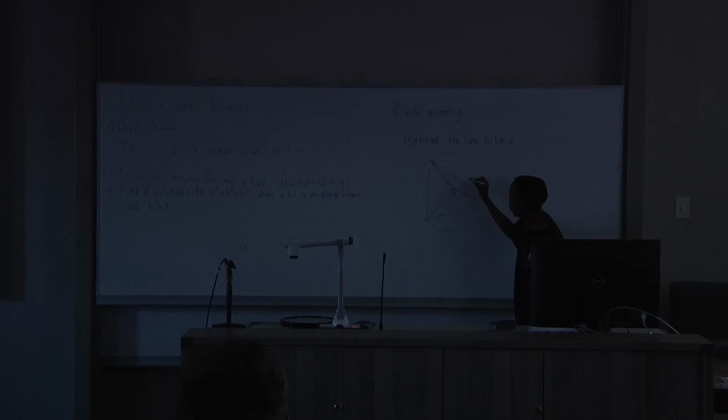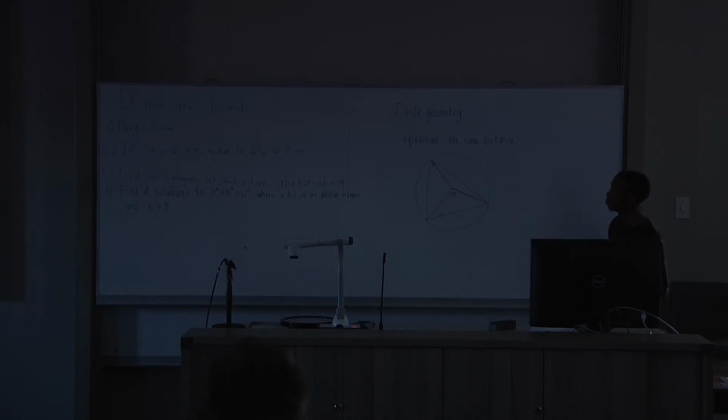So that's equal to that, right? And similarly, this is also equal to this, right? Because they're both the radii of the circle. So okay, any ideas now?